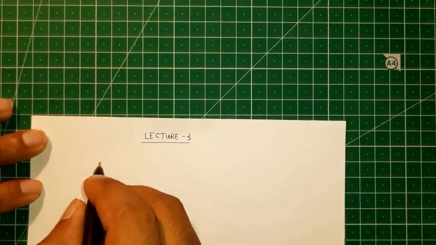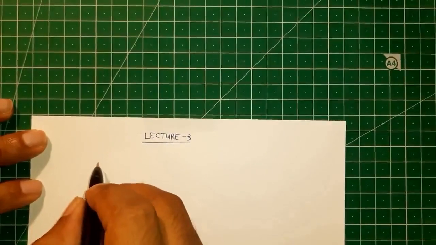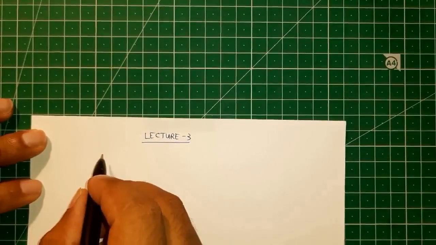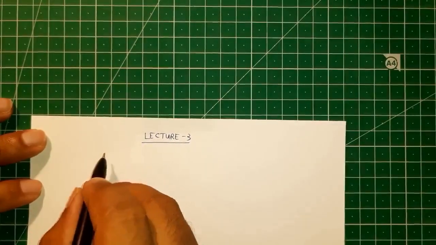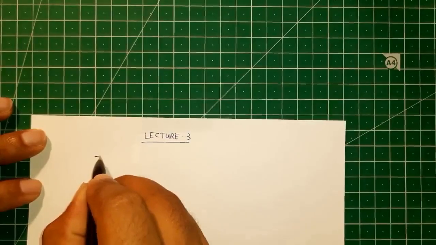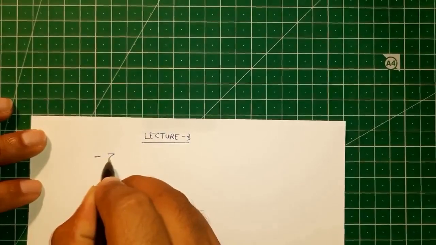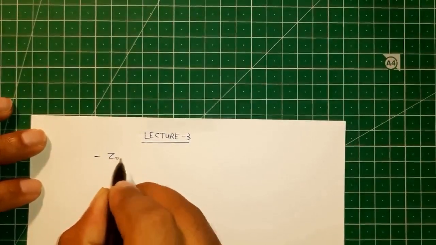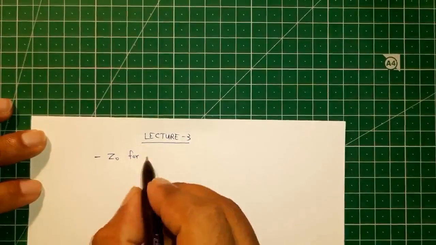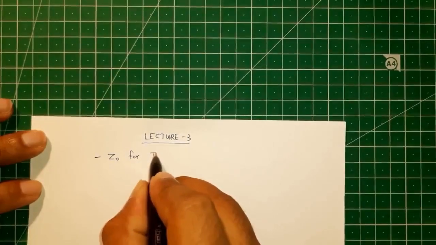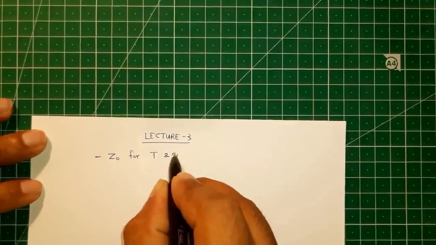So we'll be continuing that discussion by taking the examples of a general T and a pi network and trying to find out the characteristic impedance for a T and a pi network.